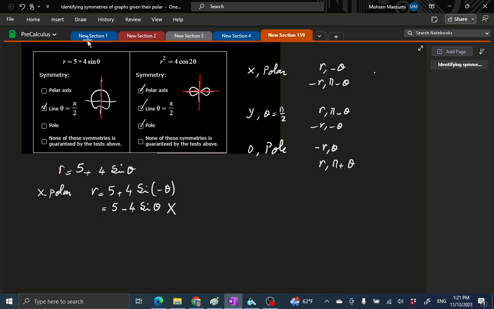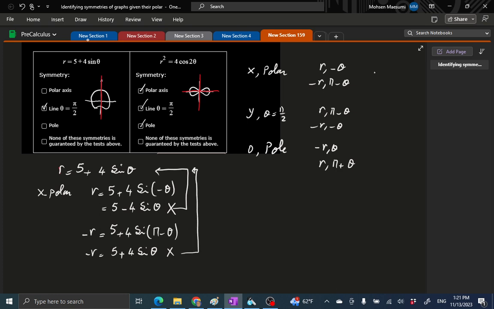If you try the other one, minus r is equal to 5 plus 4 sine of pi minus theta. How about that one? Well, sine of pi minus theta is same as sine of theta, so it becomes minus r is equal to 5 plus 4 sine of theta. Again, this is not the same as the original.